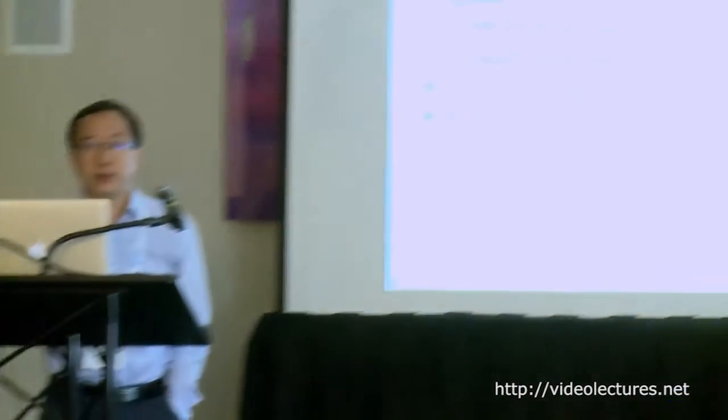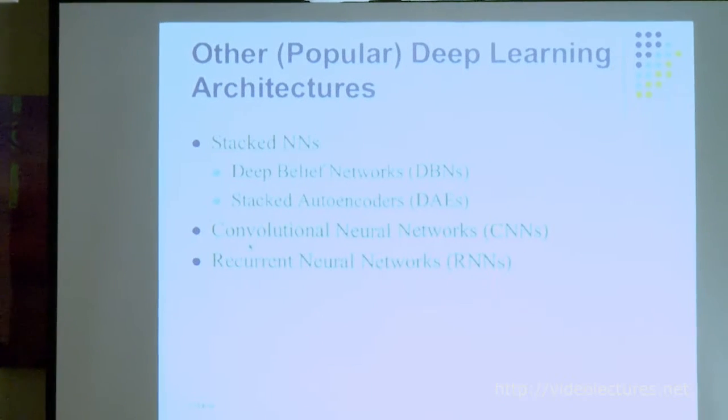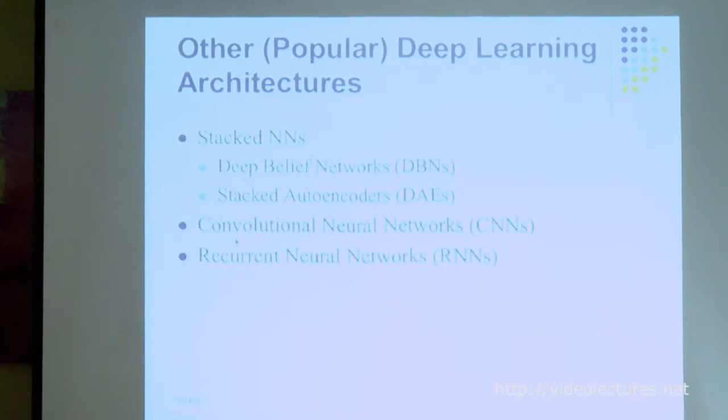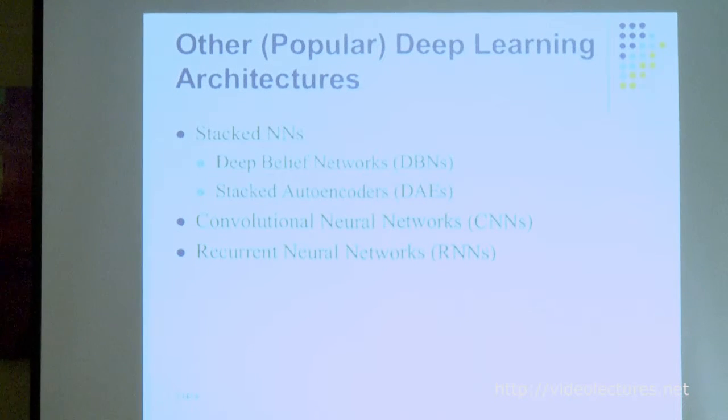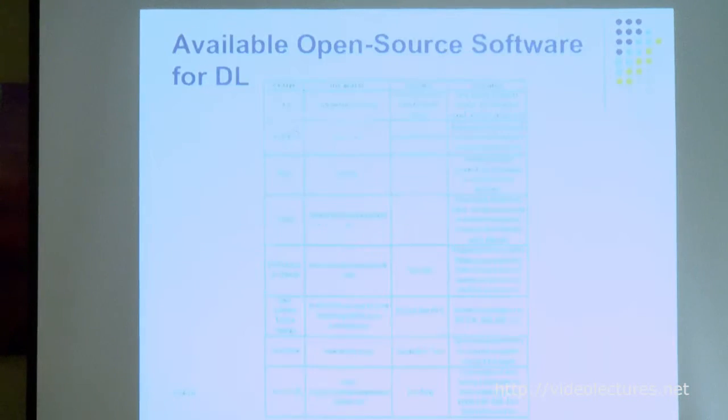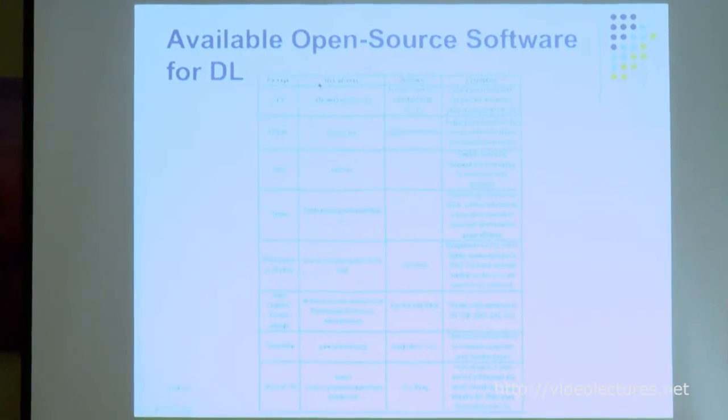So for deep learning, other than the multi-layer neural network, there are other types of architectures. We won't go into the details of those architectures. If you're interested, you can probably Google search. Convolutional neural networks have started to find applications in bioinformatics and cheminformatics.